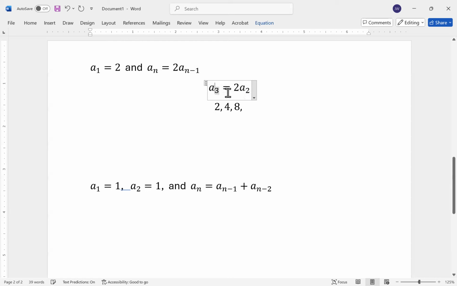Then the fourth term is going to be double the third term. Doubling 8 gives you 16. And then you can see where this is going. The fifth term is going to be double the fourth term. Doubling 16 gives you 32.